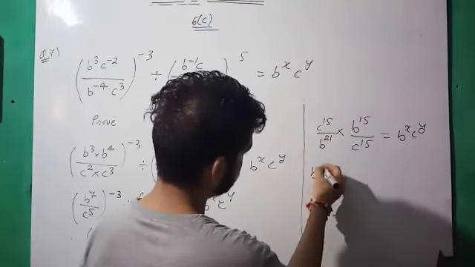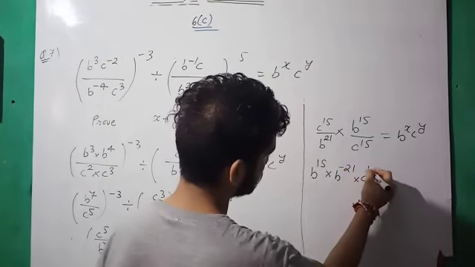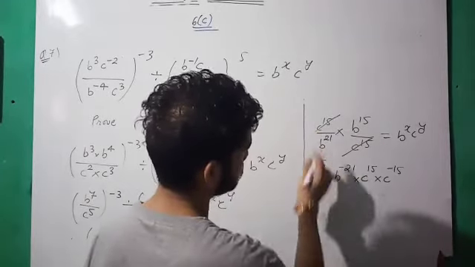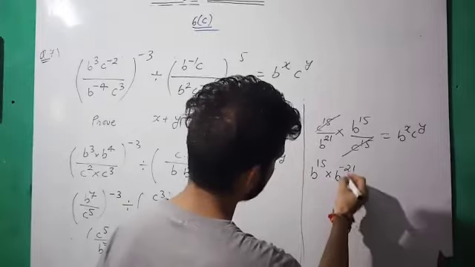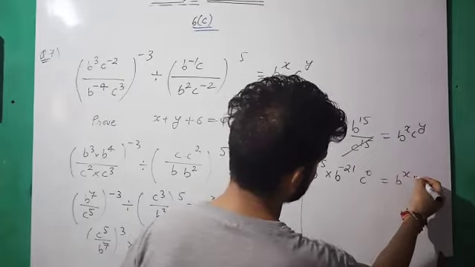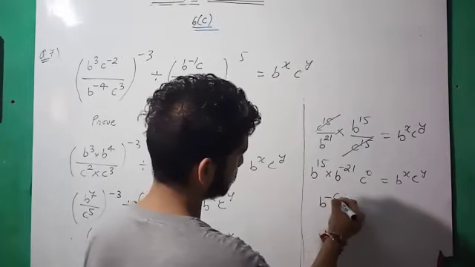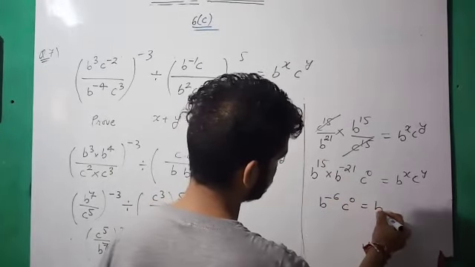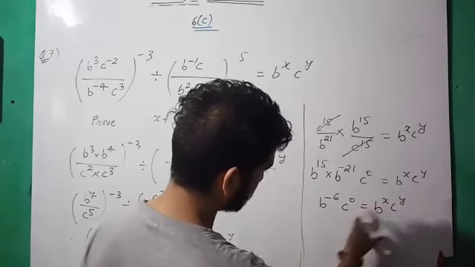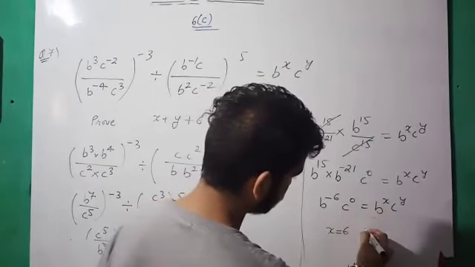That is, b to the power 15 into b to the power minus 21 into c to the power 15 into c to the power minus 15. We can cancel out this term with this. So c to the power 0, 15 minus 15, and b to the power 15 minus 21, that is b to the power minus 6, c to the power 0 equals b to the power x and c to the power y. So from this equation we can say that x equals minus 6 and y equals 0.